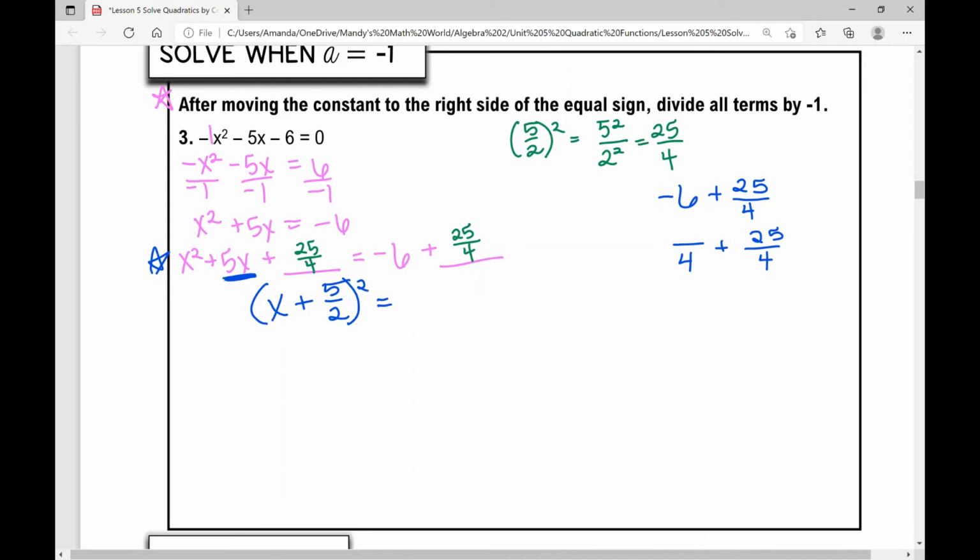Remember, that's just like negative 6 is just negative 6 over 1, right? I multiplied 1 times 4 to get 4. So negative 6 times 4 is negative 24. When I add these two fractions, negative 24 plus 25 is 1 over, leave that denominator, 4. So this is going to be positive 1 over 4.